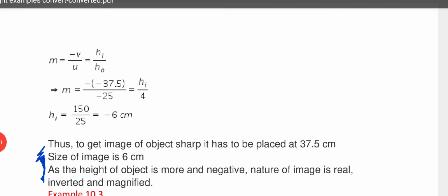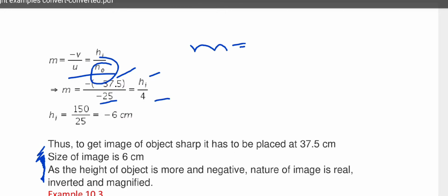Now let's find out the height of the image. We have the formula m is equal to minus v by u, that is equal to h prime by h, that is hi divided by ho. We know ho, they have given ho as 4. Therefore m will be equal to minus 37.5 divided by minus 25, which is equal to hi divided by 4.